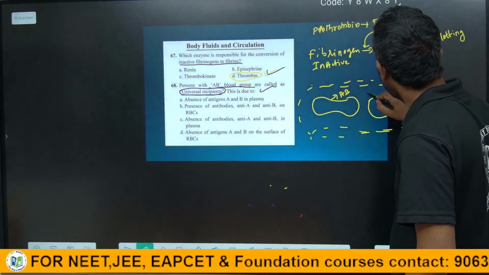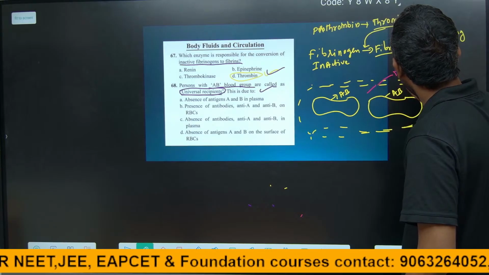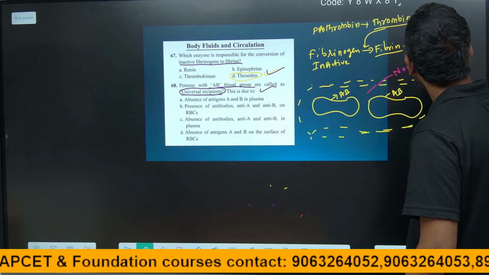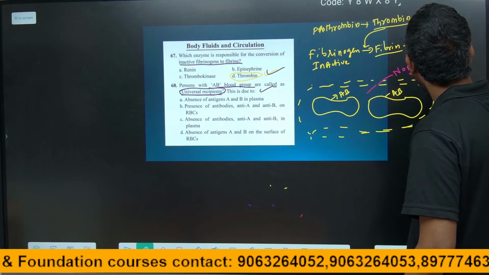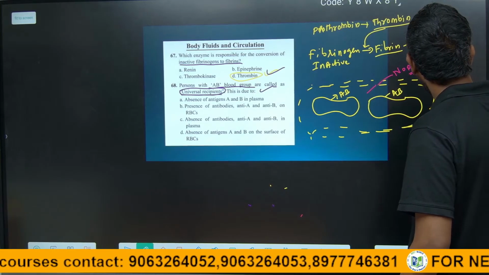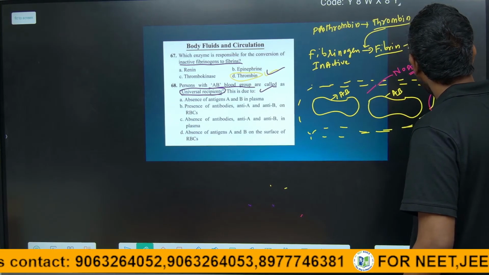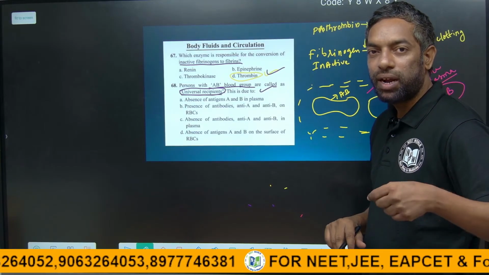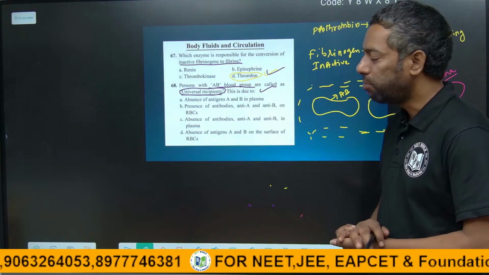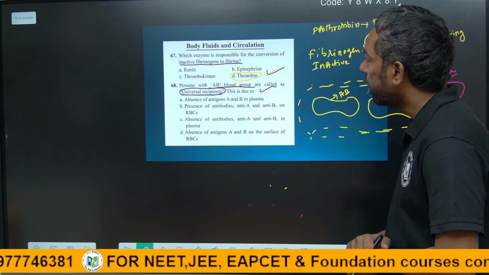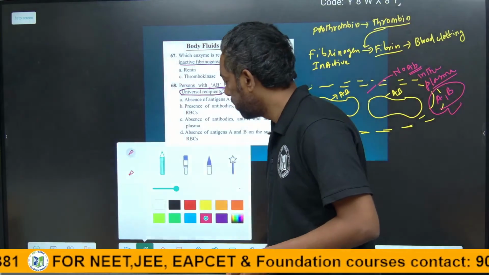In the plasma, no antibodies for A and B blood group. So for A and B there are no antibodies, meaning nothing against A and B for blood clotting. Because of this, it is the universal recipient.